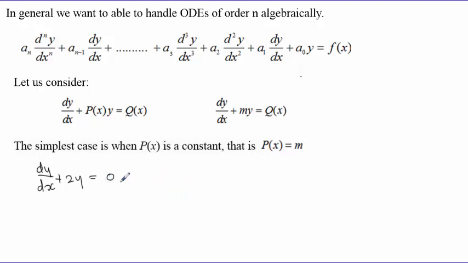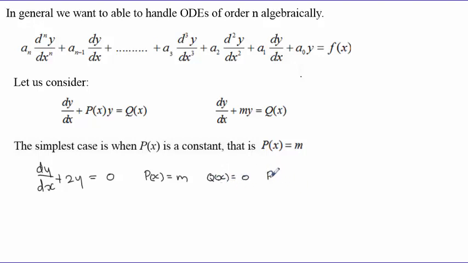Using the integration factor here, what do we do? We simply identify our p, which is equal to m, a constant, and then q of x, which is also the constant 0 in this case.